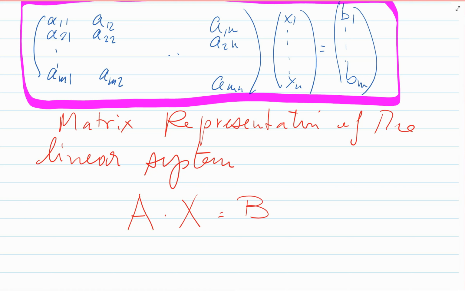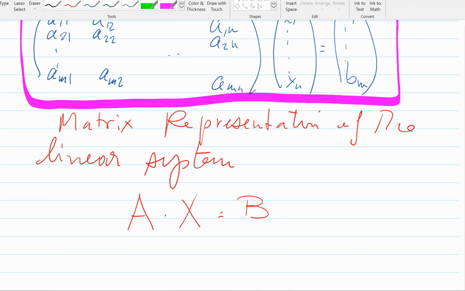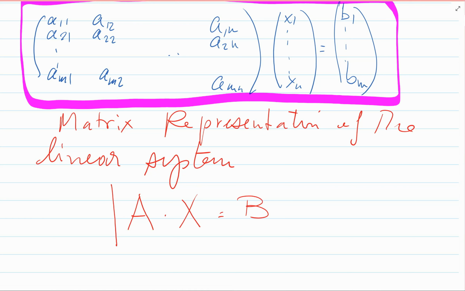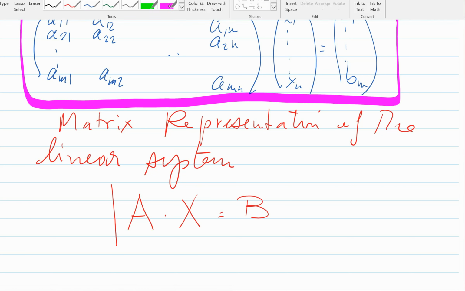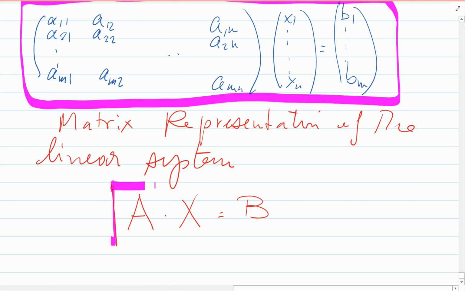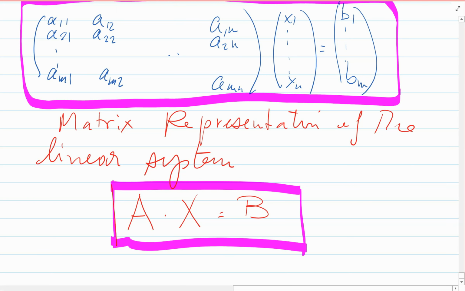So here, as you can see, it's so beautiful. This representation is exactly the same. It's so simple: AX equals B.